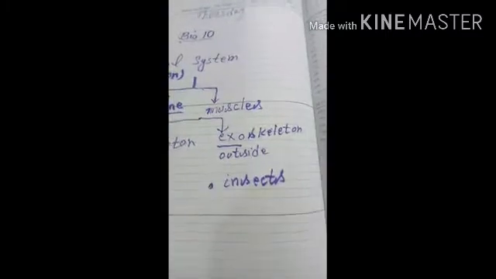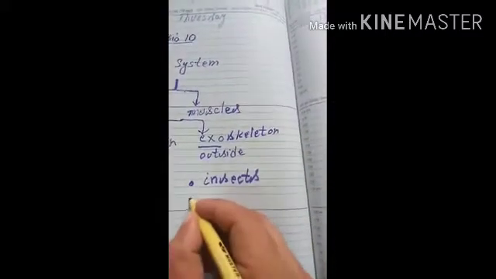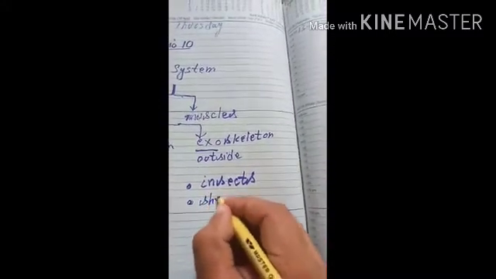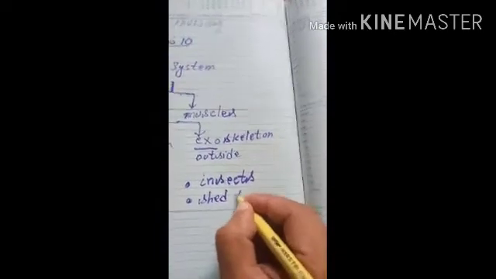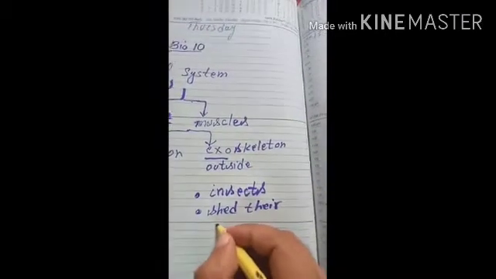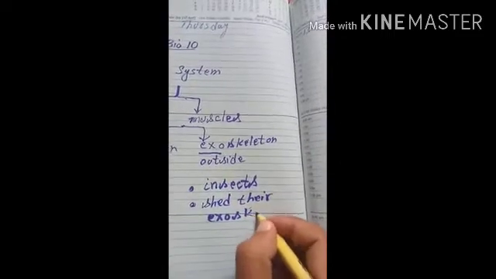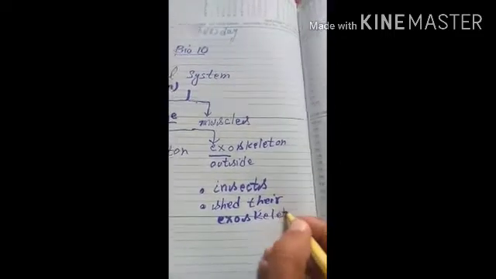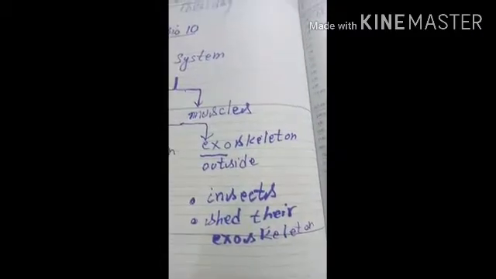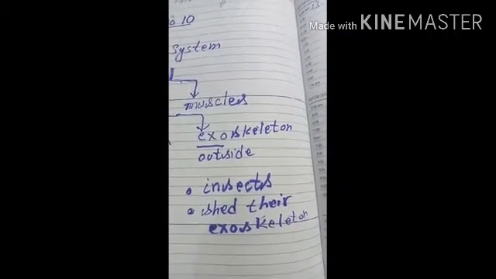Those animals which have exoskeleton usually shed their exoskeleton. When the size of the animal increases, it becomes difficult for the animal to live in the covering of exoskeleton.